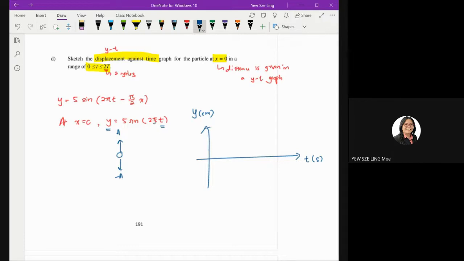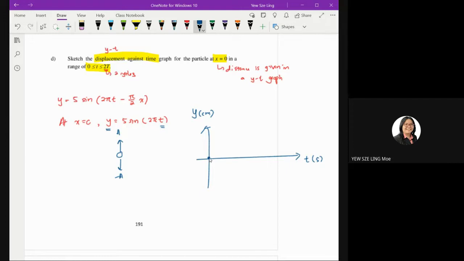Now if you look at this equation, there's no initial phase angle. So it means at x equals 0, your particle is located at 0. What we want to do is sketch the shape of the graph, the motion of this particle. It changes with time. y equals 5 sine 2 pi t without initial phase angle means my object starts from 0.